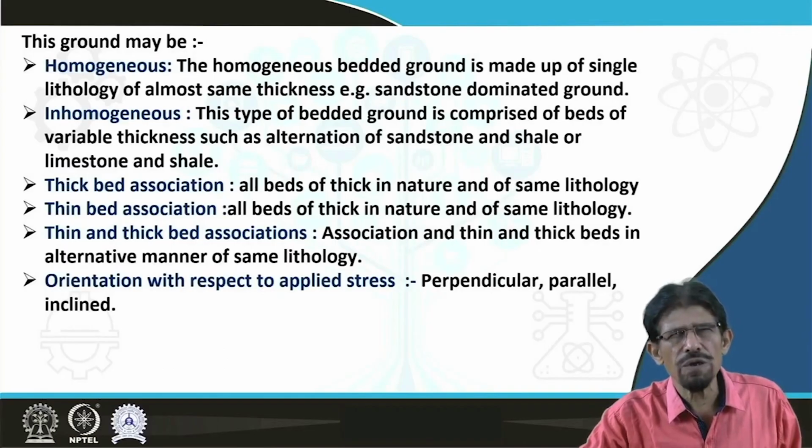This ground may be divided as homogeneous if all the features are the same, and it may be made up of thick beds, association of thick beds or thin beds, or alternation of thin and thick, or compositional alternation like sandstone-shale, etc. And orientations may be perpendicular, parallel or inclined with respect to our interest.